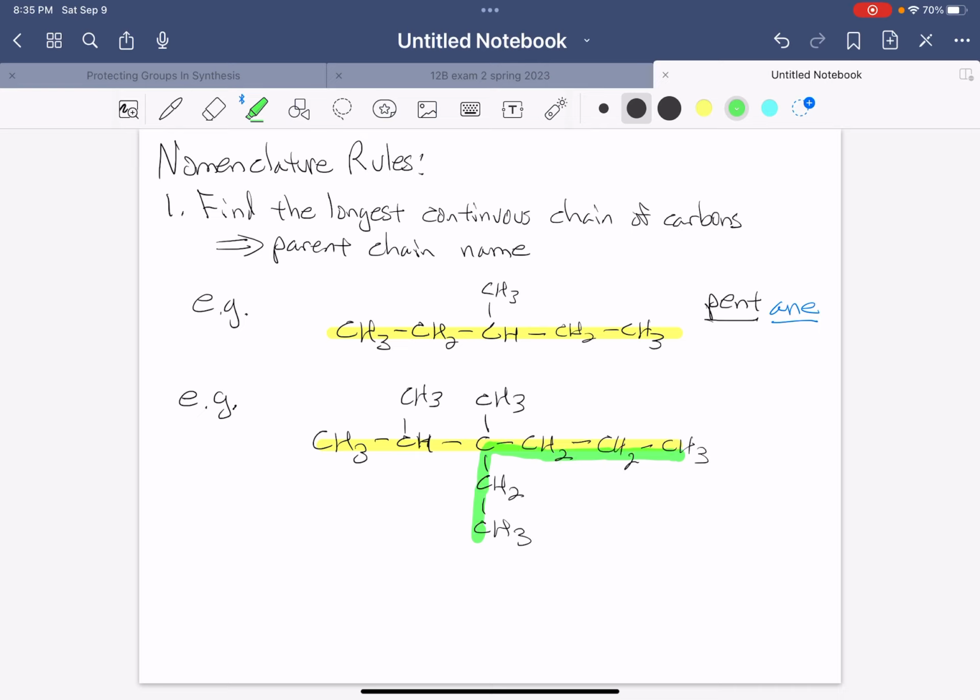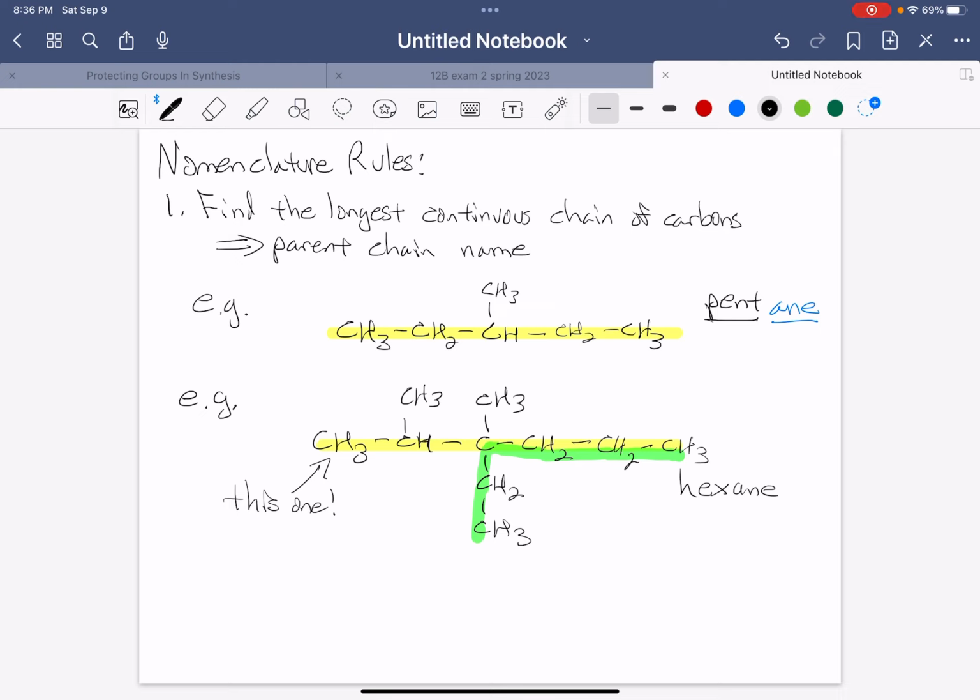So how do we decide which it is? Well, first of all, we know that it is going to be hexane. Which one do we choose between? Well, we're going to pick the yellow one here, because our rule is that if we have 2 different chains that are the same length, we want to choose the one that has the most substituents.